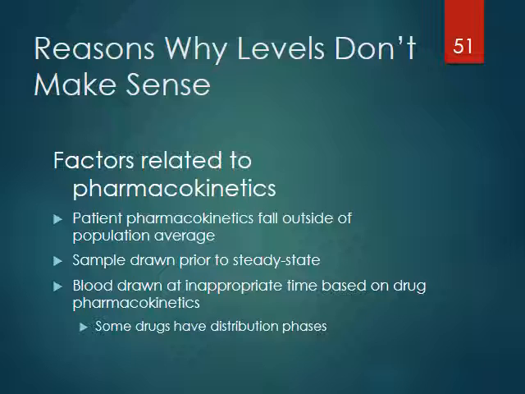And then the blood is drawn at an inappropriate time based on the drug pharmacokinetics. One of the things you'll see is that some drugs actually have a distribution phase where it takes several hours for them to achieve a steady state tissue to blood level based on their distribution kinetics. And so you'll see that certain drugs need to wait a certain period of time before you can say that yes, this is an accurate level once that distribution phase has occurred.